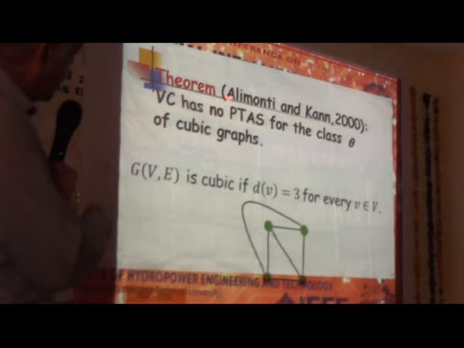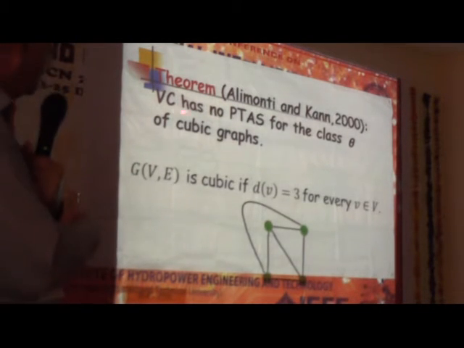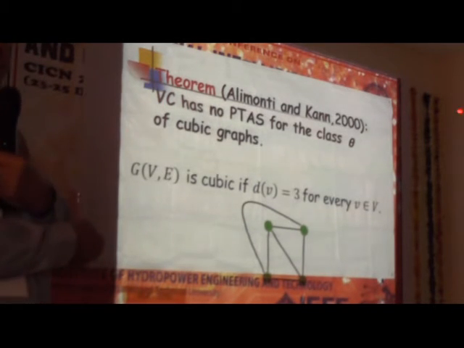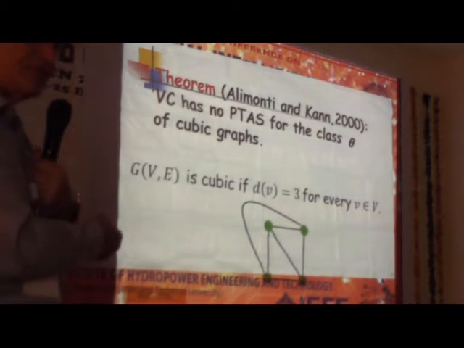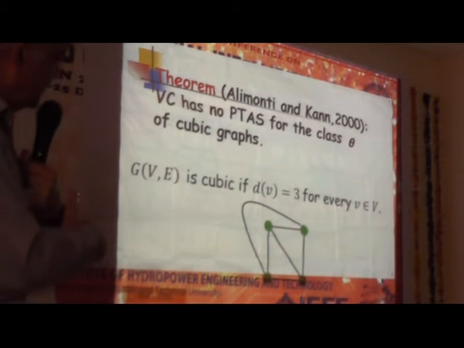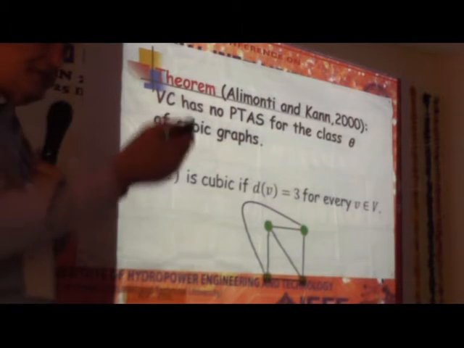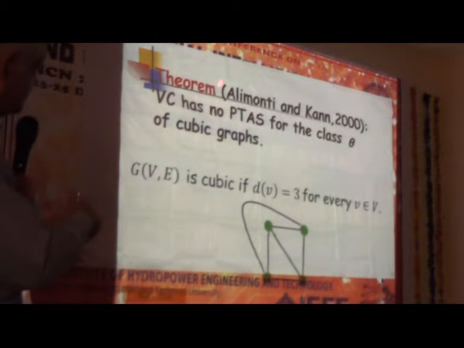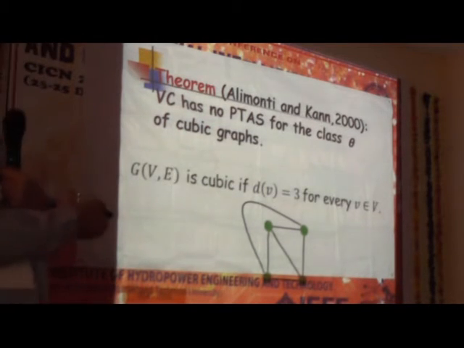So we use the theorem from 2000 that vertex cover does not admit a PTAS. You cannot have an approximation scheme for vertex cover. So we show that if you had an approximation scheme for our problem, you could find one for vertex cover, and this is impossible.